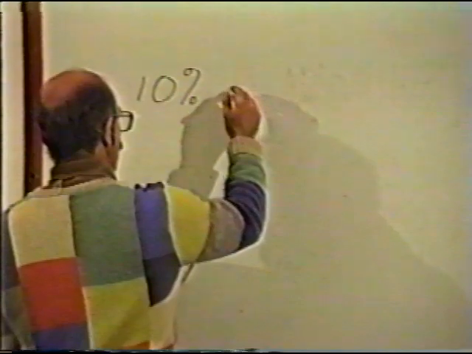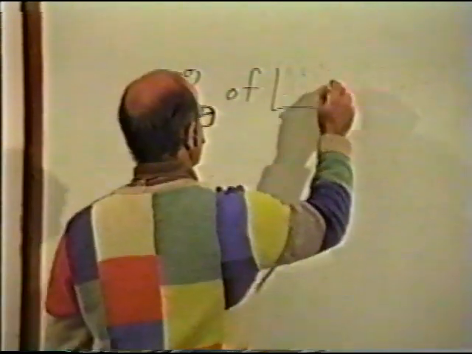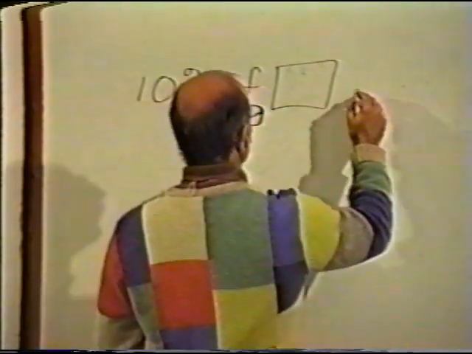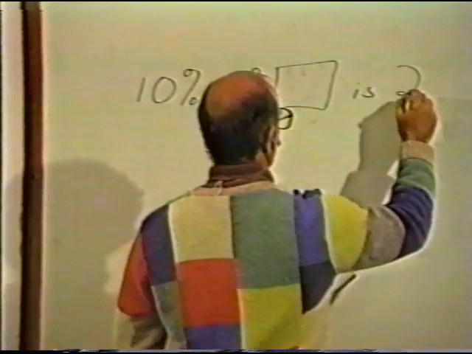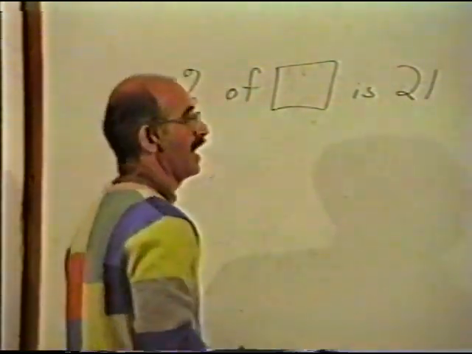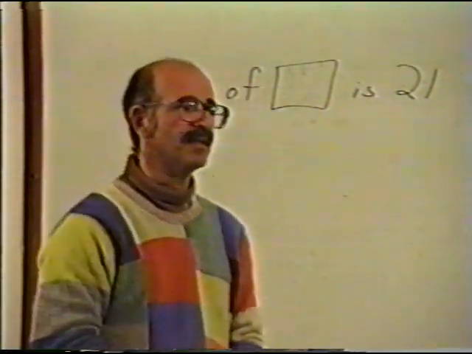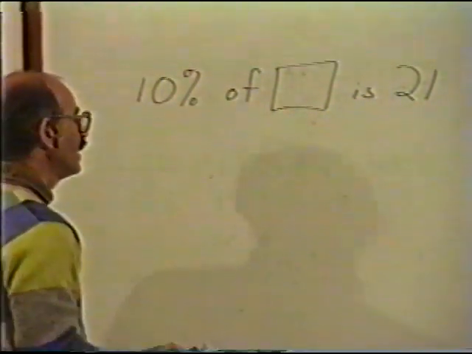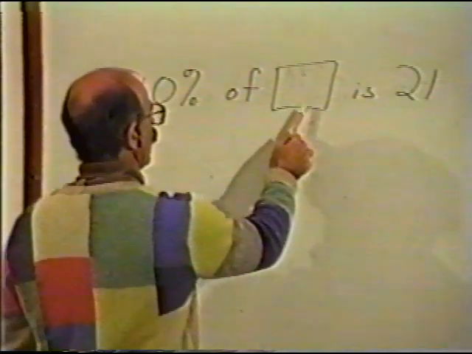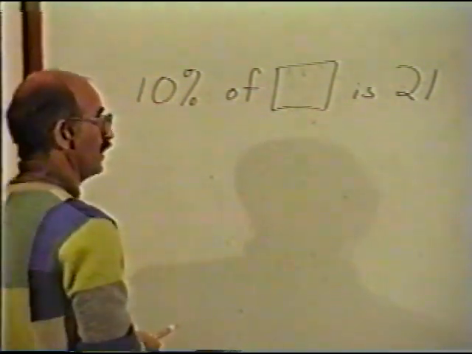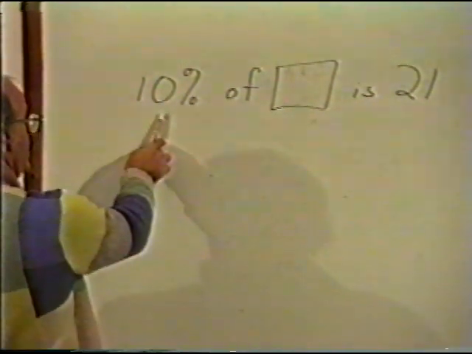10% of what is 21? I've written this one down a little bit differently, but you can still see that it's an of what problem. Do we know the percent? Yes.